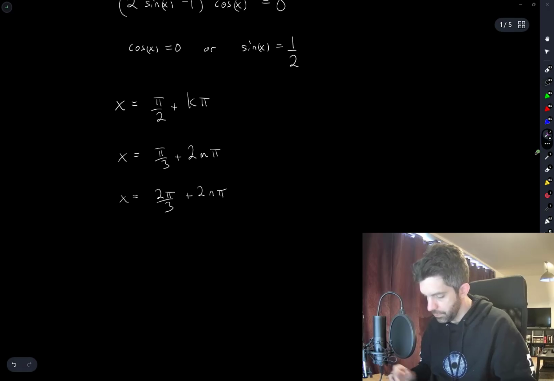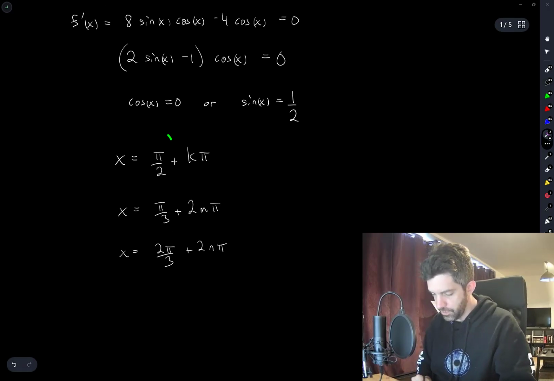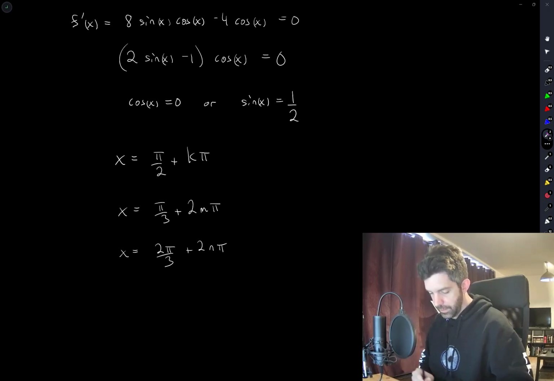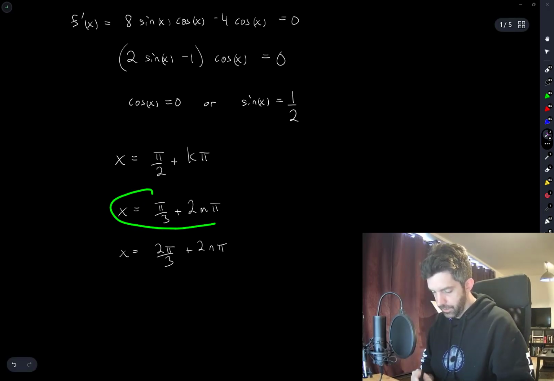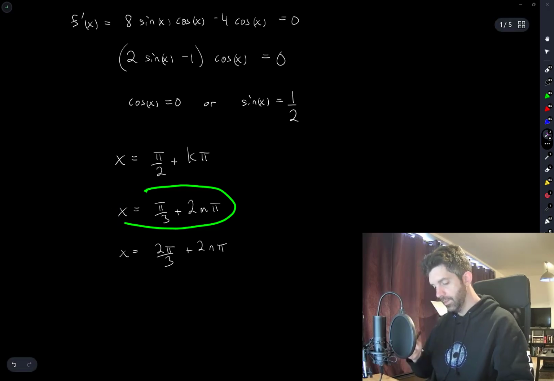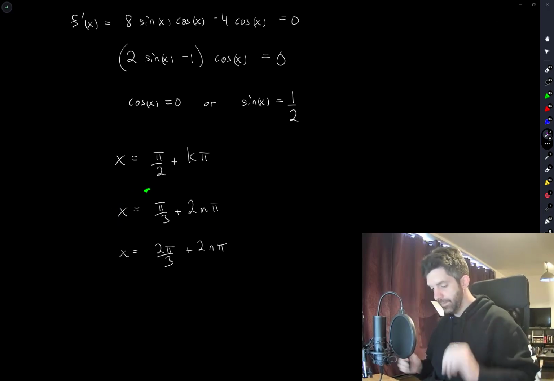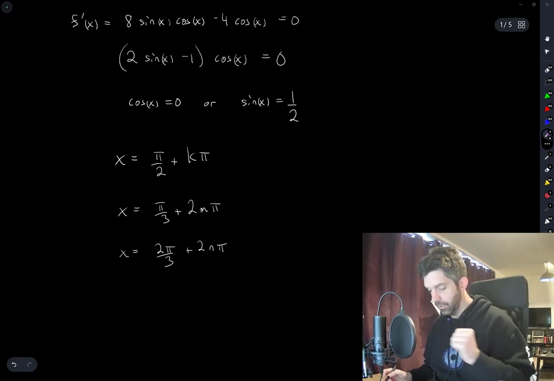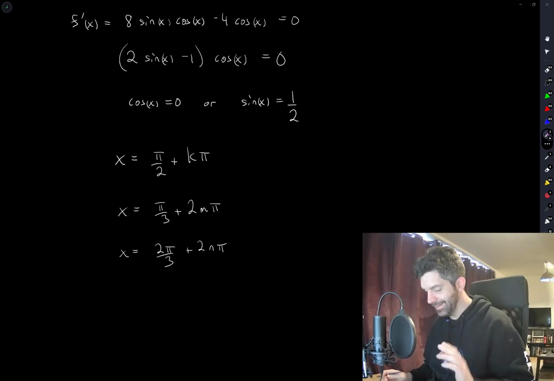So we have 3 sets of solutions here. These are the ones which make cosine equal to 0. It's literally just all the roots of cosine. These are the values where sine x is equal to 1/2, where sine x is on the way up. And these are the ones where sine x is 1/2, where sine x is on the way down. I think I did that all correctly.